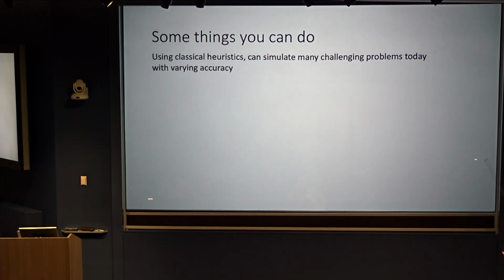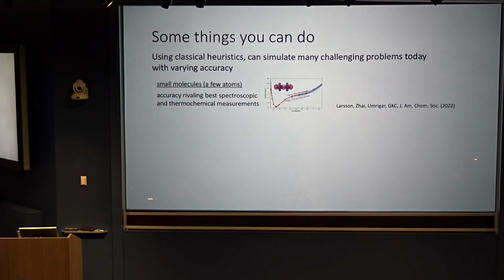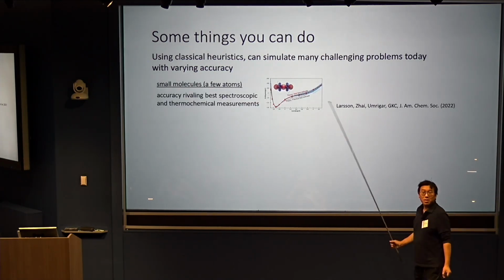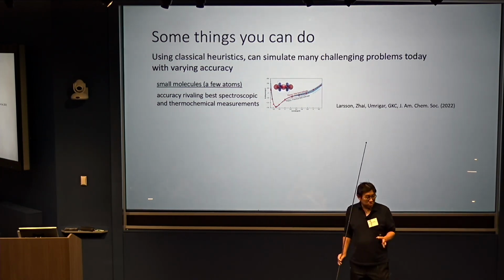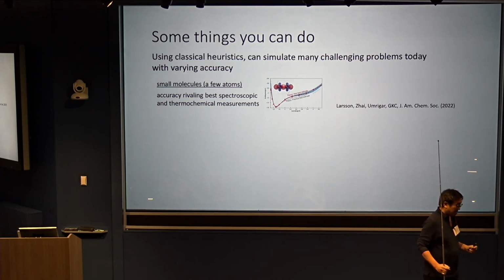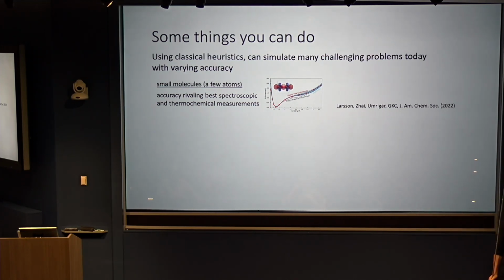Just to run through a few quick examples, if you are talking about very small molecules which only have a few atoms, then you can solve the Schrödinger equation very, very accurately, to an accuracy that often rivals the best measurements you can take experimentally. In some cases, perhaps even better than an experimentalist can measure it. In this case, you're really fulfilling the potential of quantum mechanics as a predictive theory.